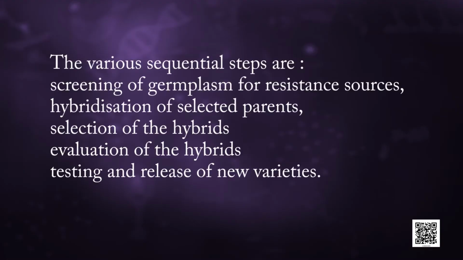The various sequential steps are screening of germplasm for resistance sources, hybridization of selected parents, selection of the hybrids, evaluation of the hybrids and last, testing and release of new varieties.